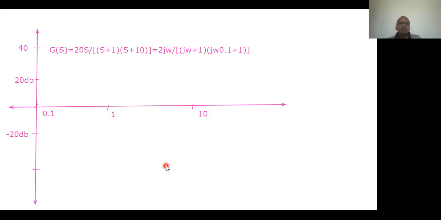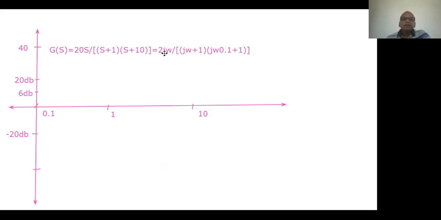This is 6 dB. Here, draw again the 6 dB. That is plus 6 dB.